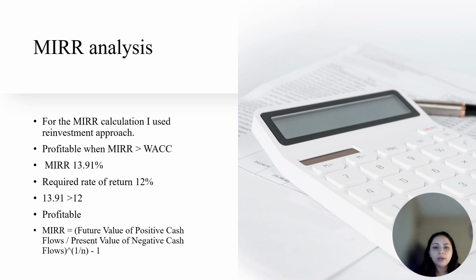For MIRR, I calculated the future value of all positive cash flows using the required rate of return of 12% and the present value of all negative cash flows, and used the MIRR formula. In this investment scenario, our calculated MIRR of 13.91% exceeds our required rate of return of 12%, suggesting that this investment creates value. The spread of 1.9% represents the project's excess return.